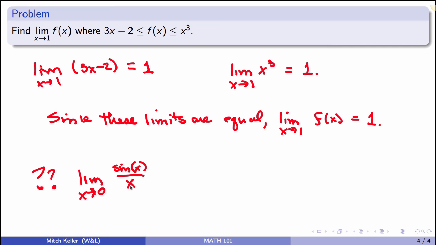My denominator, x approaches 0. So this function is not defined at x equals 0. So it's not continuous there, so we can't just substitute in x equals 0. It's a little bit subtle to figure out what we should squeeze this with. You're going to do an activity that will walk you through it. What I'm going to ask you to do in the questions on the guided practice is to look at some graphs and start building up a foundation for that.